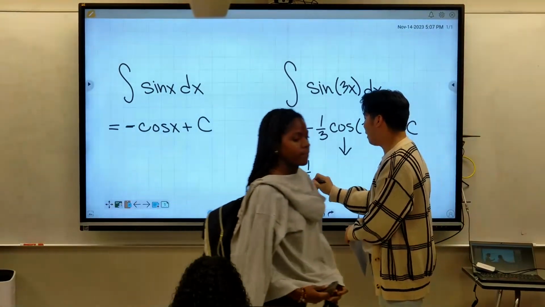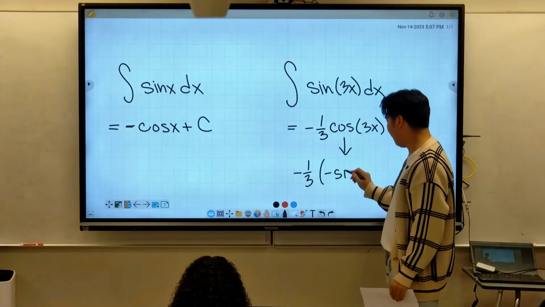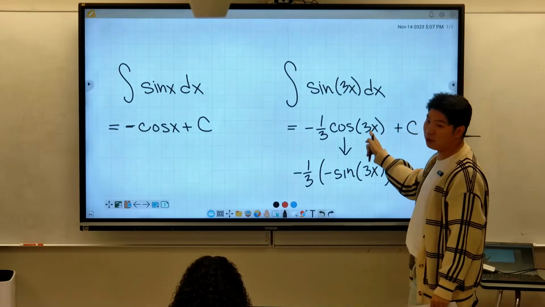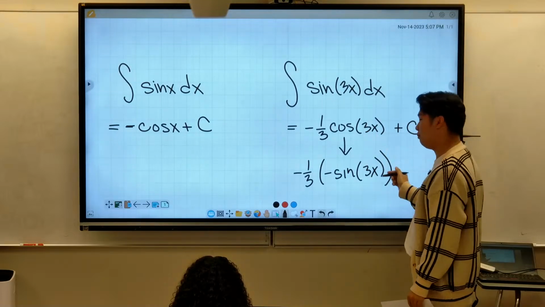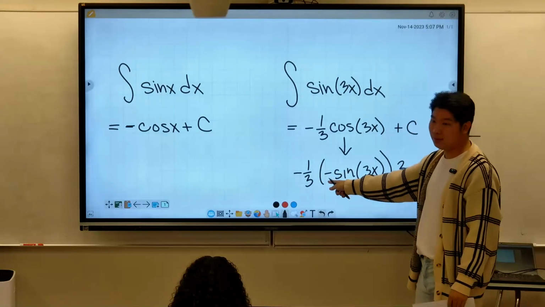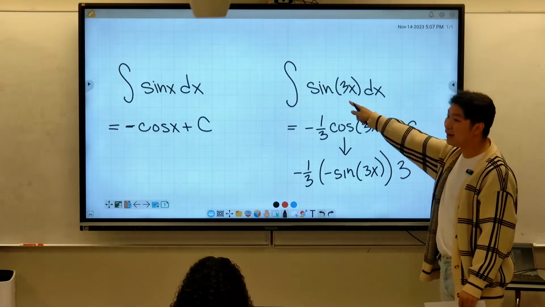So 1/3 stays along for the process. Derivative of cosine, we have negative sine. And because of chain rule, we multiply by the derivative of 3x. So 3. So negative, negative cancels out. 1/3 and 3 cancels out. I'm left with sine of 3x.